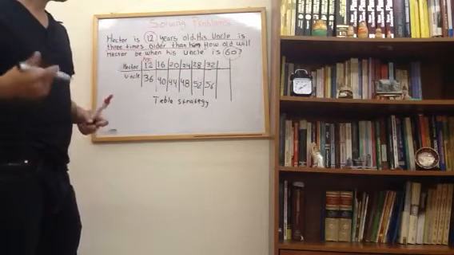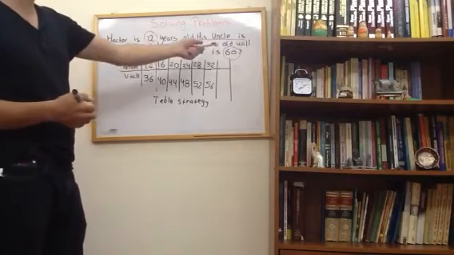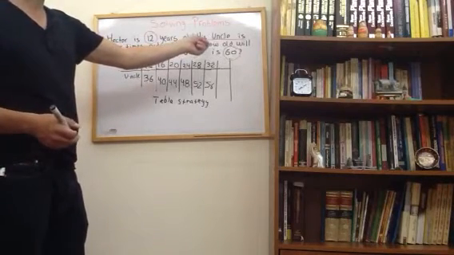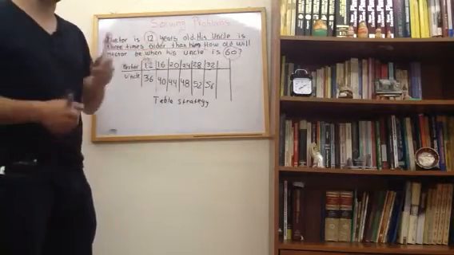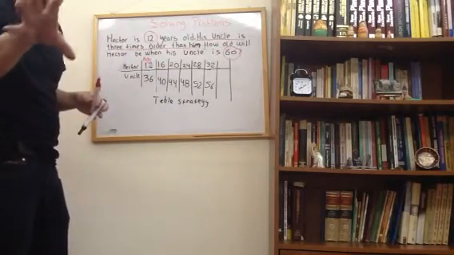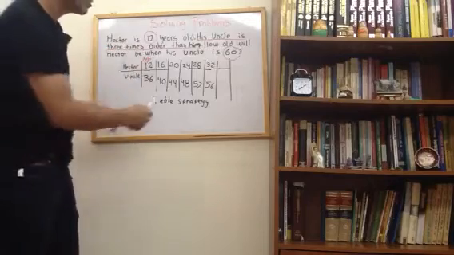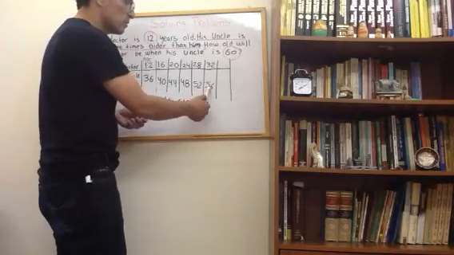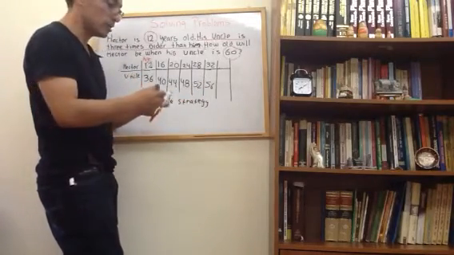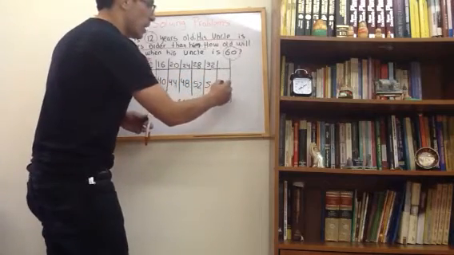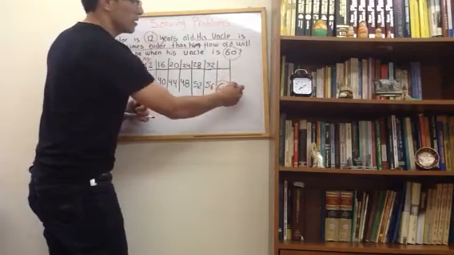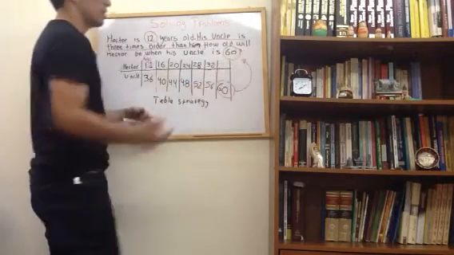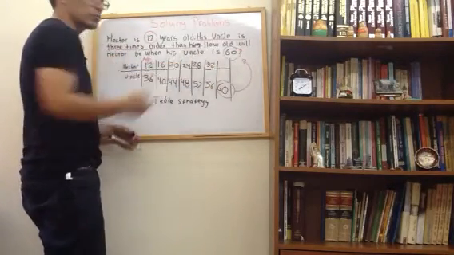Now, as the question says, we must remember: how old will Hector be when his uncle is 60? Please pay attention to this, because 56 plus 4 is equal to 60. And this is basically the information that is asked in the question.